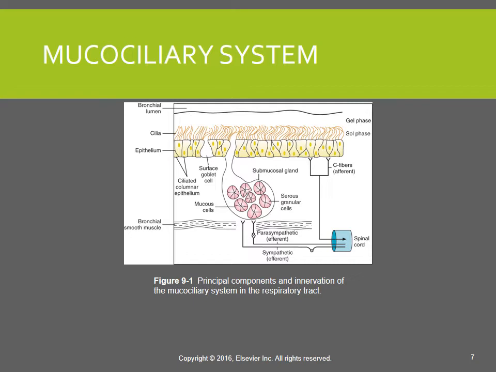You can see the cilia waving, the pseudostratified columnar epithelium, mucus cells in a submucosal gland, the sympathetic efferent and parasympathetic nerves going to the spinal cord, afferent C fibers, and the surface goblet cells. Bronchial smooth muscle is also noted.